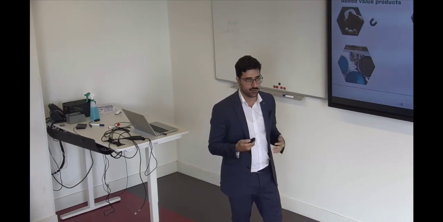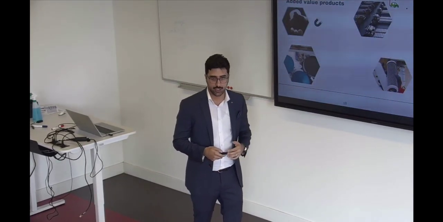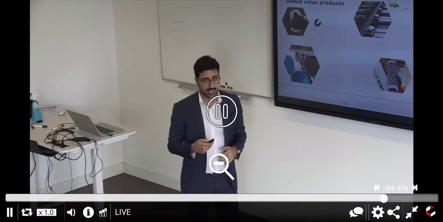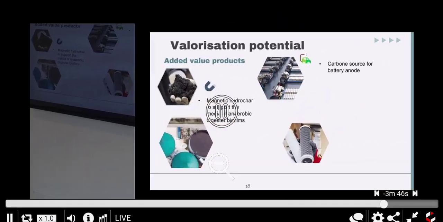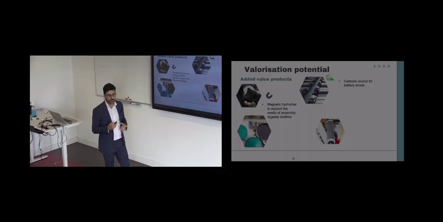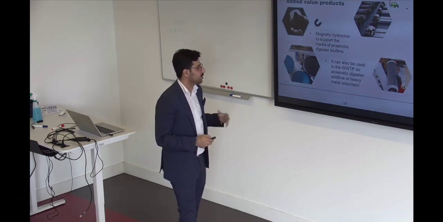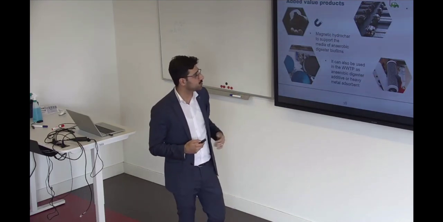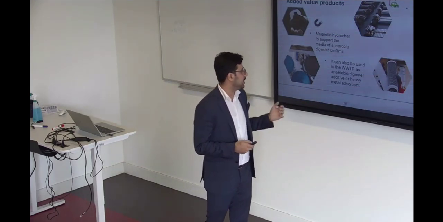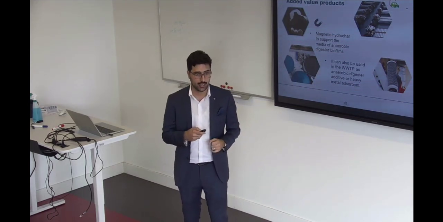As you know now, the world is transitioning to electrical cars. So we can use that hydrochar in lithium-ion batteries, and also because the hydrochar has a high amount of iron and aluminium, we can have a magnetized hydrochar that we can put in as an anaerobic digestion medium, and also we can use it in wastewater treatment for heavy metal removal, and also as an anaerobic digestion additive.